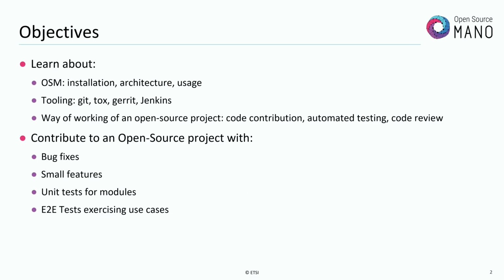So the main objectives are basically, we hope that you could learn about, obviously, basic knowledge about OSM, how to install OSM, what's the architecture, how to use OSM, some tooling that is typically used in open source projects and in development, like Git, Tox, Gerrit, Jenkins, and also a way of working for an open source project, how to contribute code, how the Git review of the code works, the automated testing, etc. And hopefully, if things go well and you are successful, you will contribute to the OSM project with bug fixes or small features or some unit tests or something that you will find out.